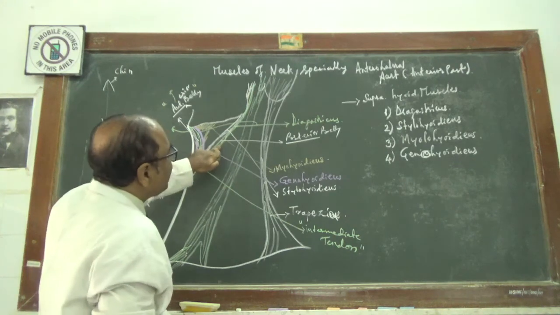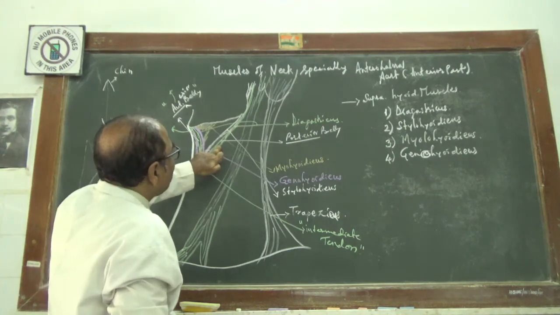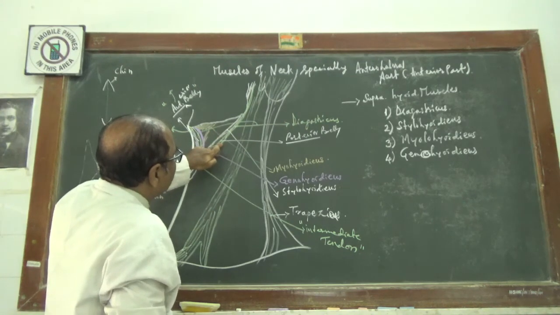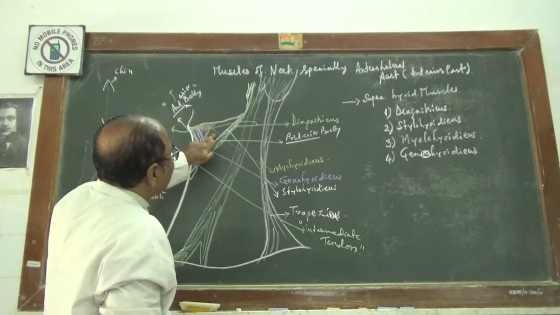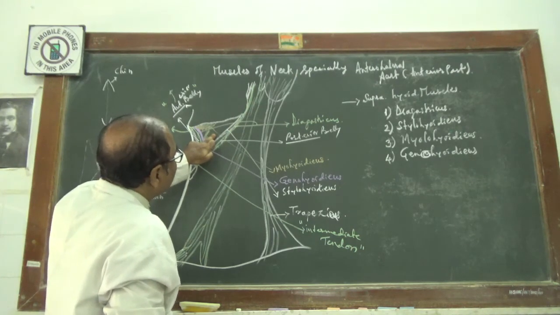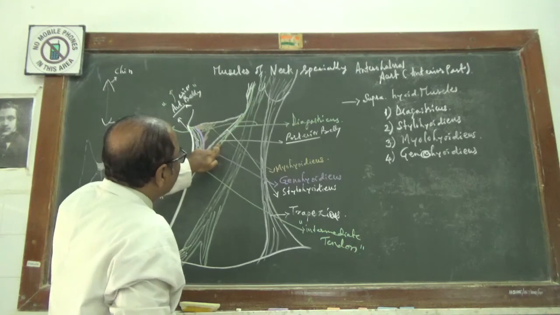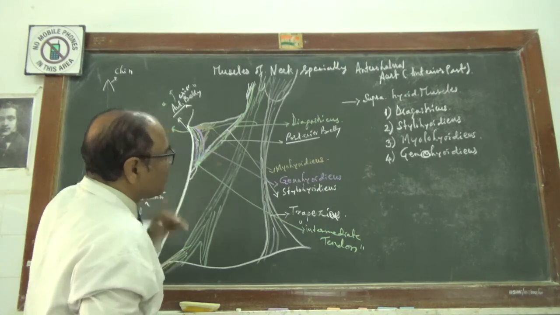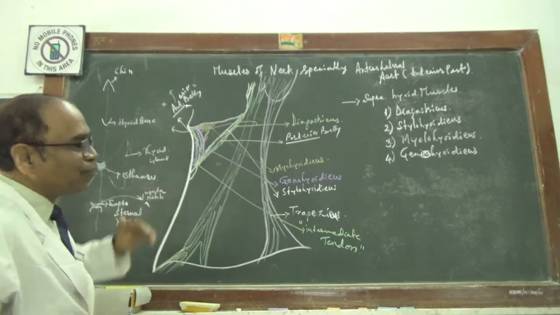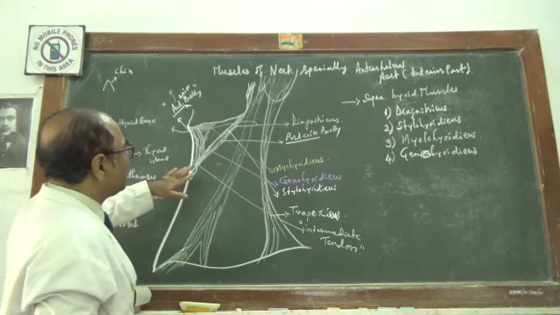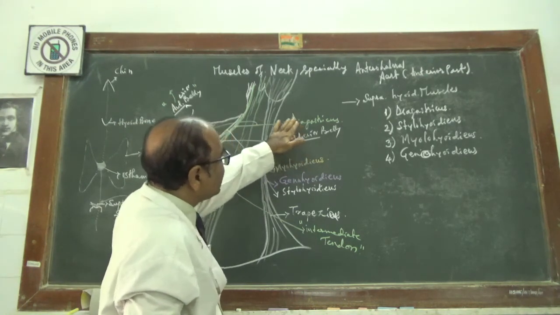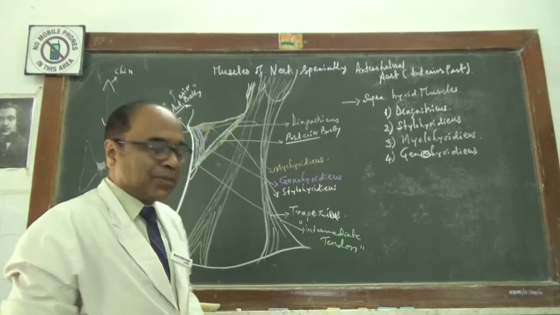Now the posterior belly forms the behind and below limit for one triangle, called the digastric triangle or submandibular triangle, and the upper and front limit of the carotid triangle. So this is the carotid triangle. This is what you have to remember for the digastric muscle.